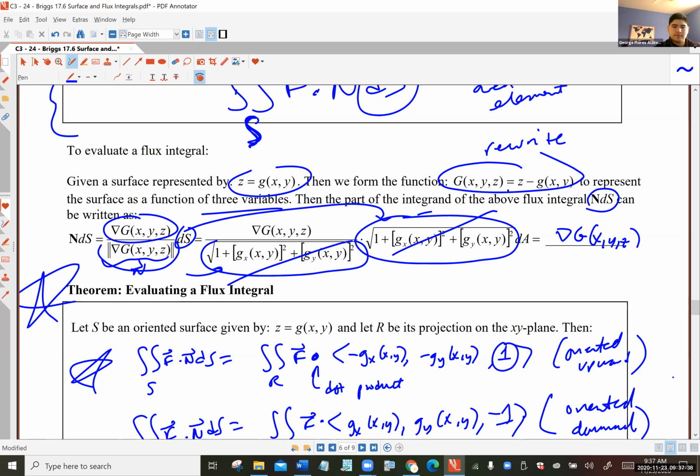Was that a part of the proof for that theorem? No, it had nothing to do with that. I would direct your attention right here, George. Back up a little bit, where it says to evaluate a flux integral. See, here's your surface right here, little g.